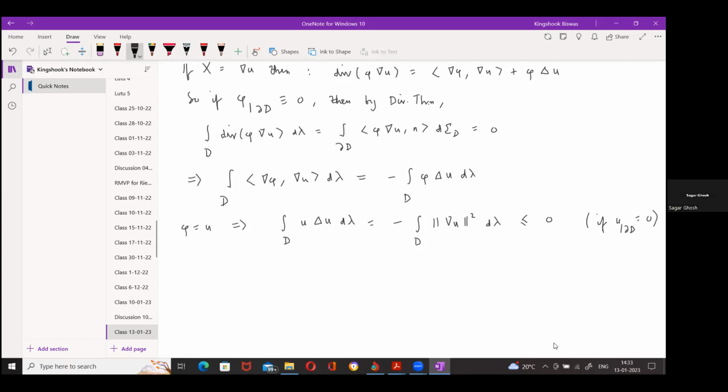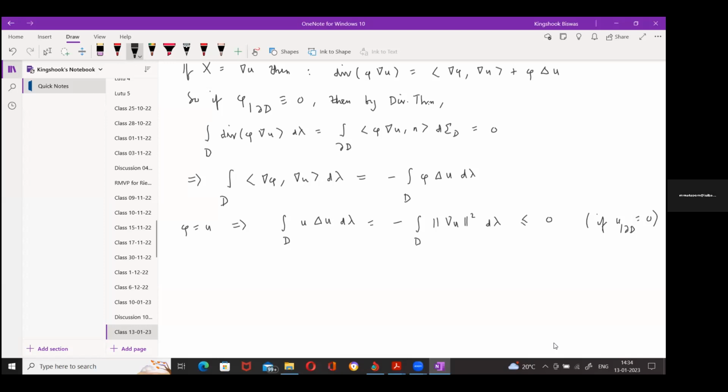Using this formula, the integral of the divergence of phi grad u becomes 0 if phi vanishes on the boundary. So the sum of these two integrals is 0. That means this integral is minus this integral, right? That's how I derived it using the divergence theorem. Right, so. Okay. All right.